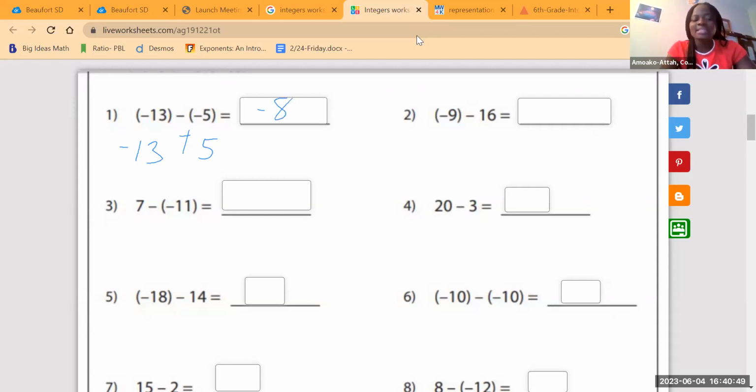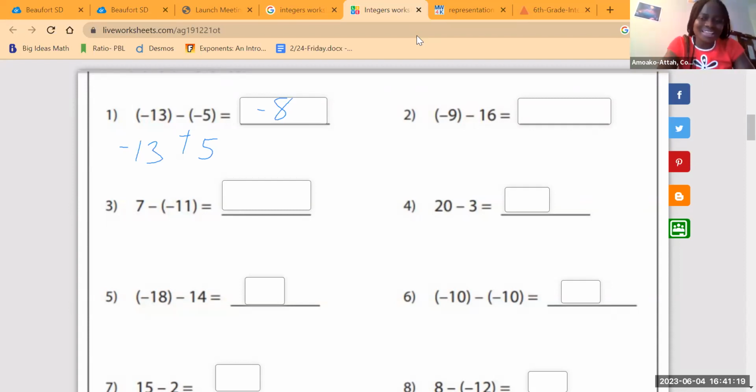Okay, we take the 13 as a debt. Let's assume I'm owing someone $13 or 13 cedis. But when I was coming to school, I was given only $5 or 5 cedis. And if I pay 5 cedis out of the 13 cedis I'm owing, I will be still owing the person 8 cedis, 8 Ghana cedis.